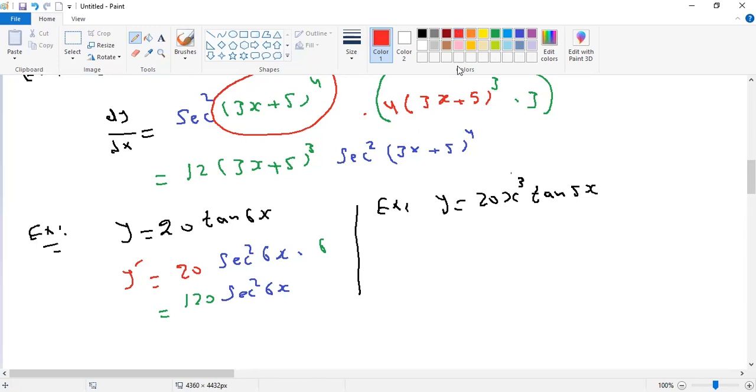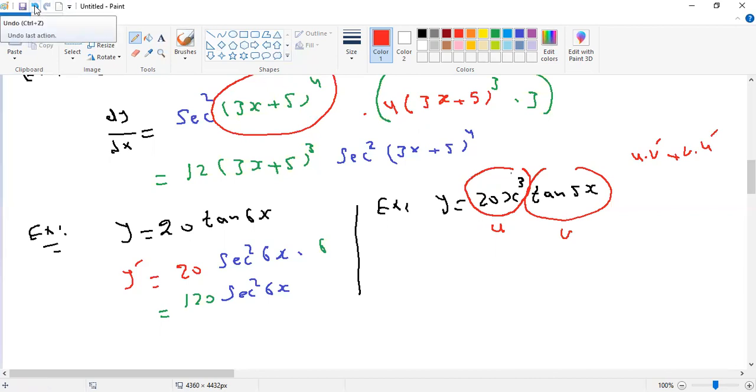Now this one, we have to use the product rule. Why? Because I have a function of x, not like the previous one with 20. Now I have 20x cubed, which is represented as u, and tan 5x is represented as v. So you have to use the rule u times v prime plus v times u prime, the product rule. This is the first, this is the second.